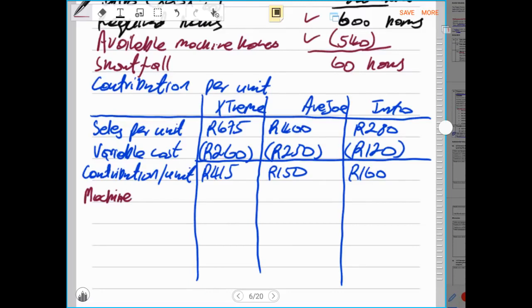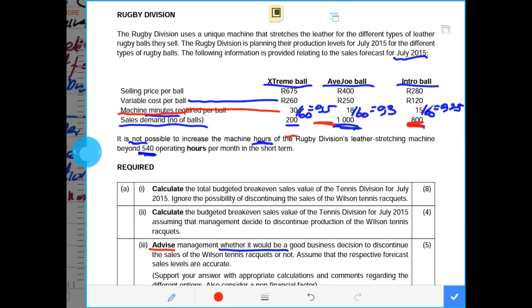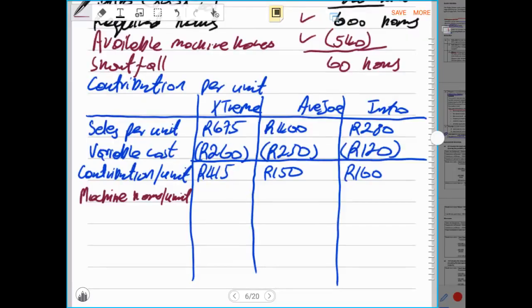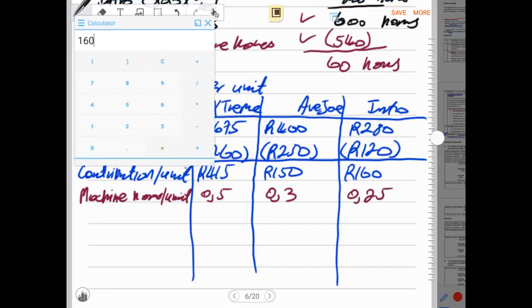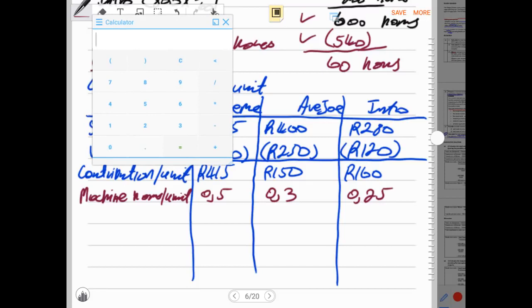We calculated this to be 0.5, which is 30 minutes, then 0.3, and 0.25. Remember, I divided the minutes by the minutes in an hour, where I said 30 divided by 60, just to remind you.